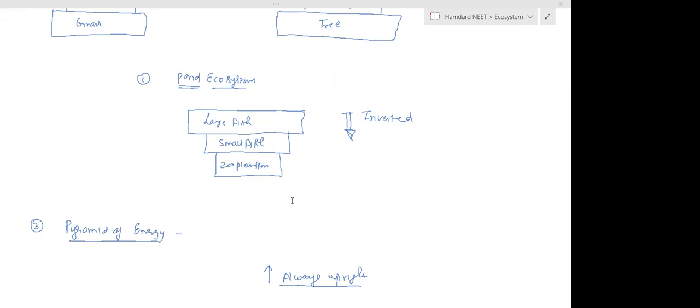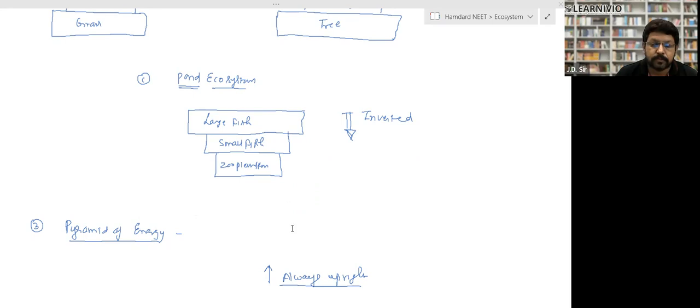What you have written: in every ecosystem, the pyramid of energy will always be upright, because at the next trophic level of the food chain, the energy will go down or reduce. Clear? Yes.